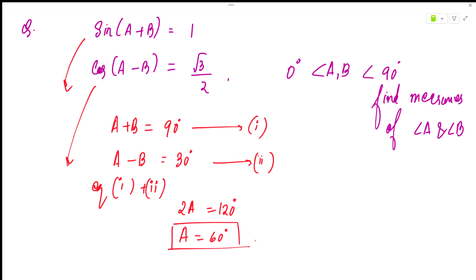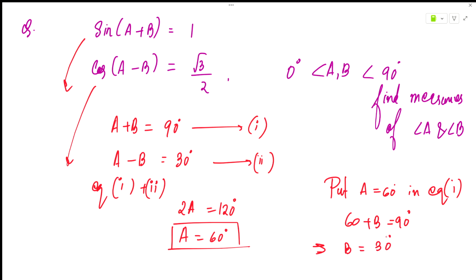If we put A equal to 60 degree in equation 1, we'll get 60 plus B is equal to 90 degree, which gives me B is equal to 30 degree. So thus your answers are A equal to 60 degree, B equal to 30 degree.